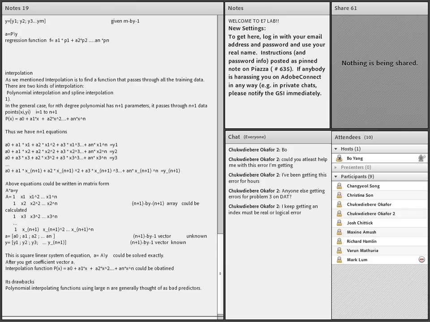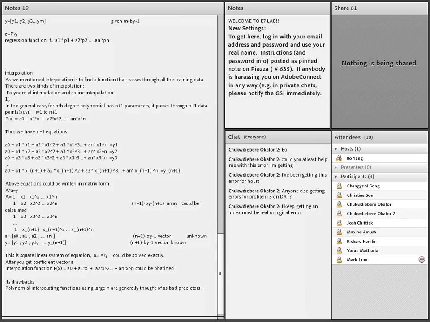Then let's look at the spline interpolation. We can divide the spline interpolation into linear spline and high degree spline. For linear spline, it is easy because we just find a linear function between two near points.